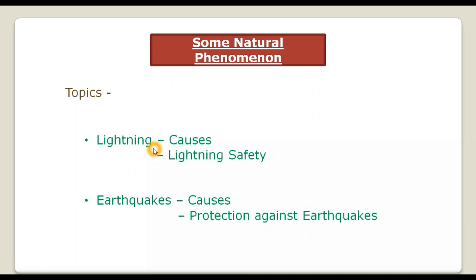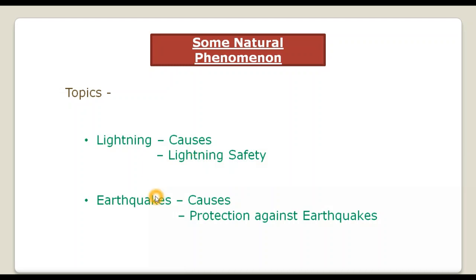Not only in the rainy season, whenever it rains, you would have experienced thunderstorm and lightning. Here we are going to see how exactly lightning happens, what causes lightning, and how we can protect ourselves from lightning. We will look into the details of lightning further.